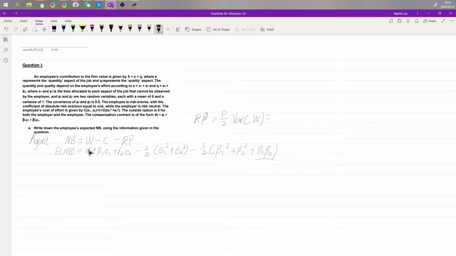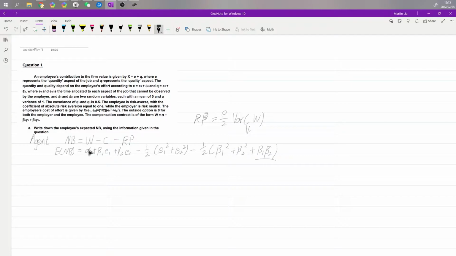That term should originally turn out to be 2 multiplied by beta 1, beta 2, and multiplied by the covariance between epsilon 1 and epsilon 2. But since sigma epsilon 1, epsilon 2, which is the covariance of them, is a half, that cancels out with the 2 over here. That is why at the end we'll just have beta 1 and beta 2.